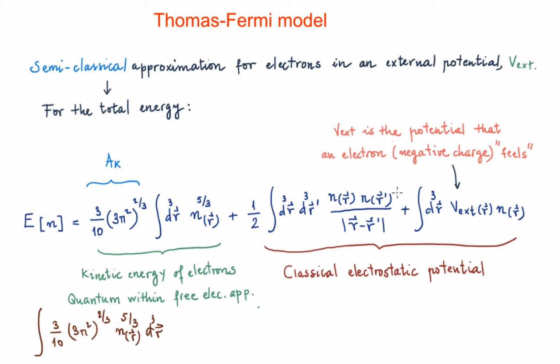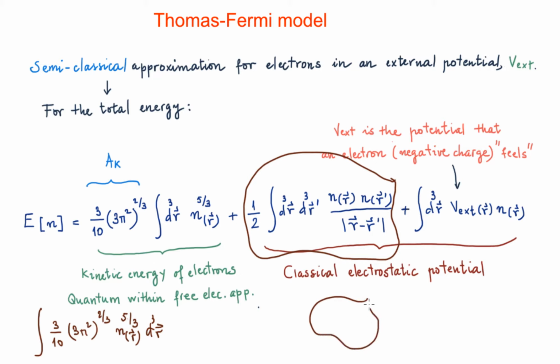The first one gives the interelectronic electrostatic potential. If we consider that the electronic charge density is given by n(r), then the electrostatic potential associated with that charge distribution is just given by that expression. This is just a classical approximation for the electrostatic potential.